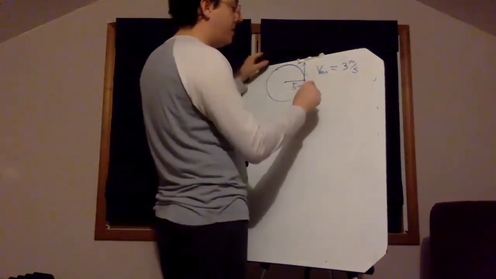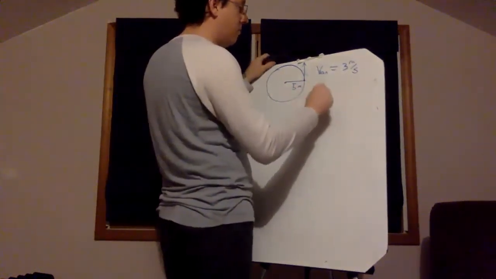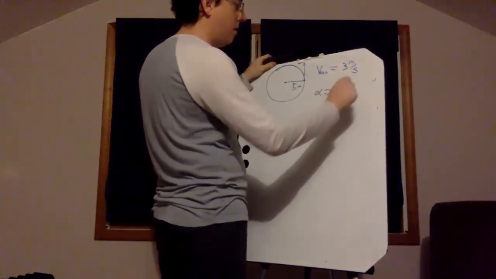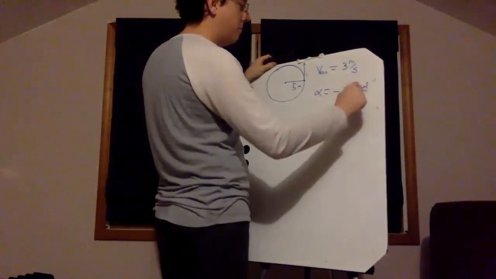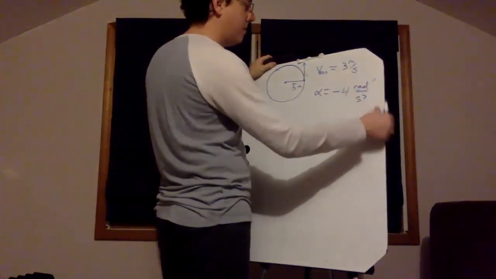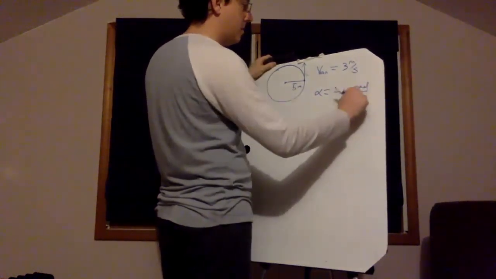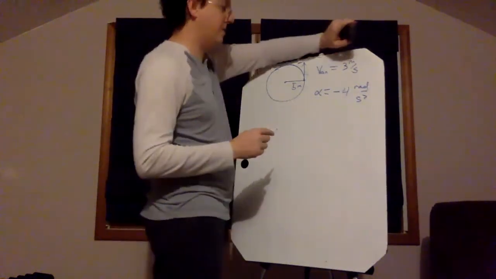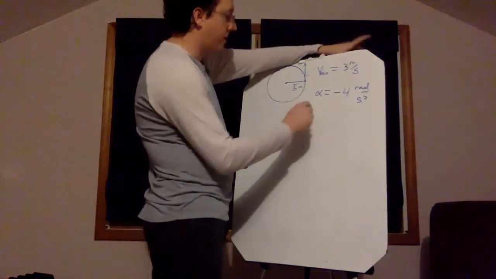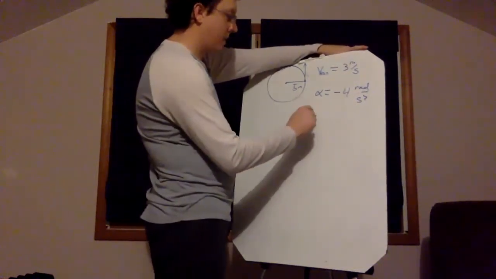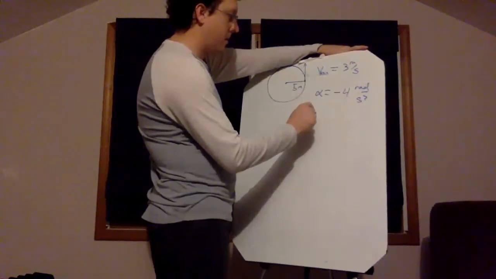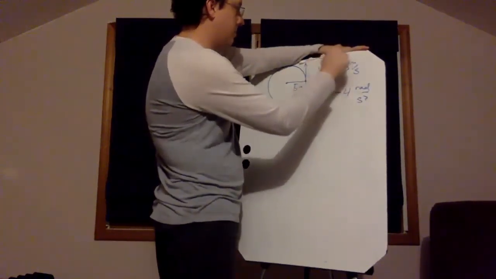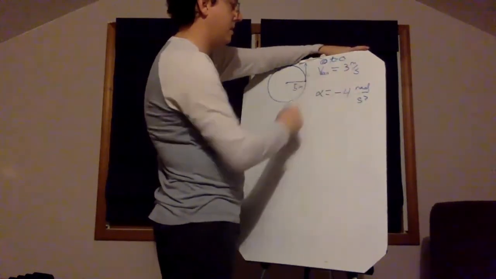However, let's imagine that alpha equals -4 radians per second squared. Let's just go through and find everything just to see how it all works. So let's find, this is at t equals 0, the initial tangential velocity.